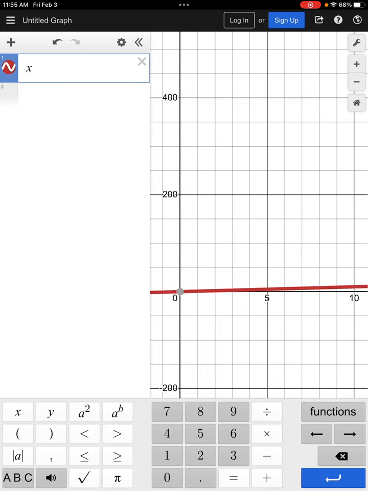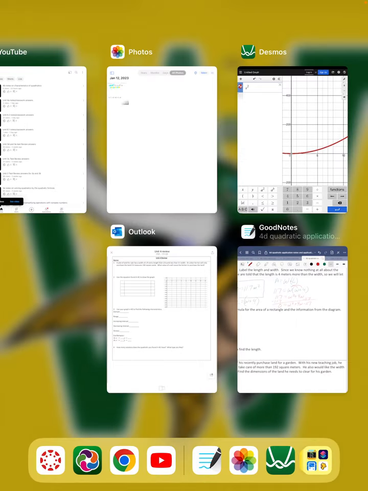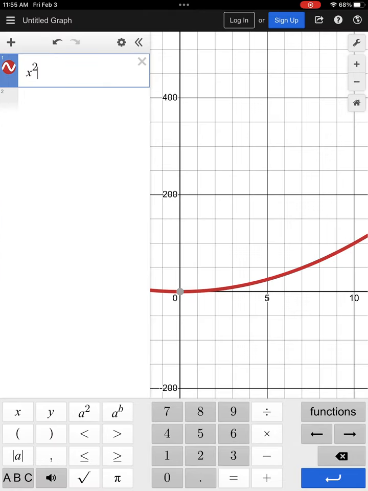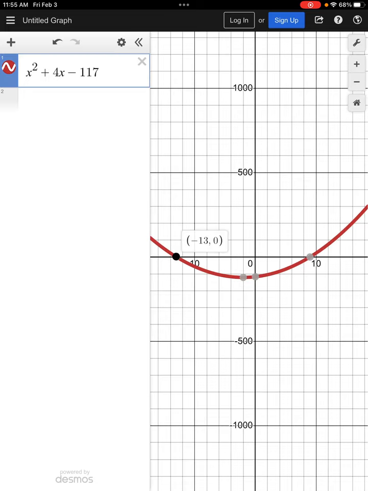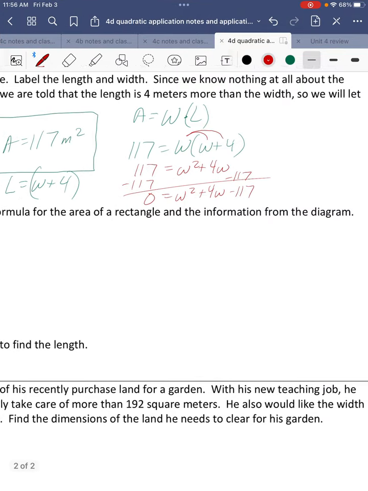So we have, instead of w, I'm going to write x squared because it's the x-axis, plus 4x minus 117. Looking at the x-axis, we have negative 13 and 9. Negative 13 and 9.